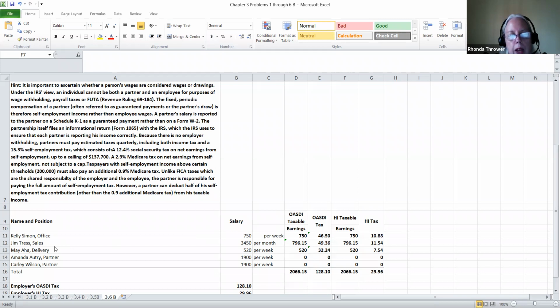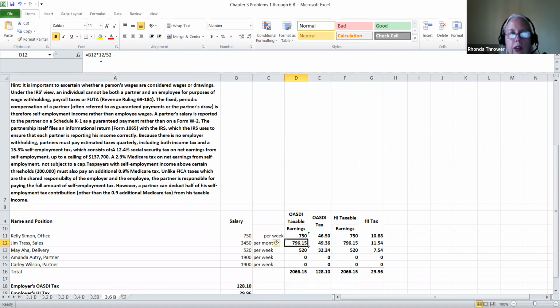For Jim Tress, he's in sales, but he's paid per month. So what you have to find is his weekly pay. To do that, you're going to take the $34.50 and multiply it by 12 months in a year because he is paid per month.